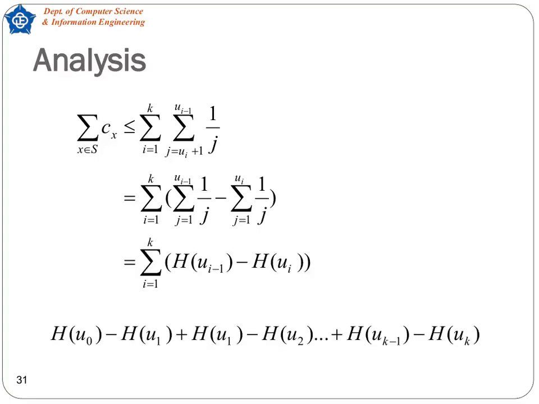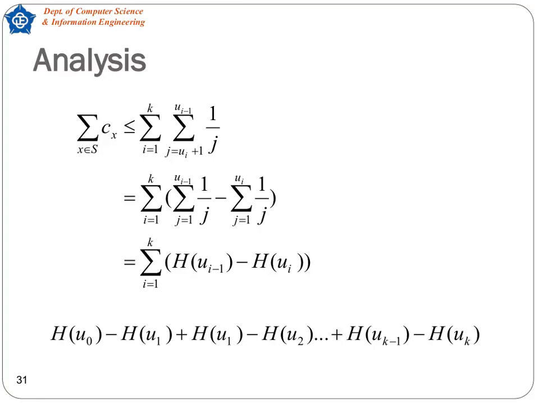Building on our last step, we now upper bound the total cost sum over x in S of c_x by rewriting it as a double sum. We sum over each phase i equals 1 to k, and within that over j from u_i plus 1 up to u_{i-1} of 1 over j. Observe that this inner sum is just the difference of two partial harmonic sums: the sum from j equals u_i plus 1 to u_{i-1} of 1 over j equals H of u_{i-1} minus H of u_i.